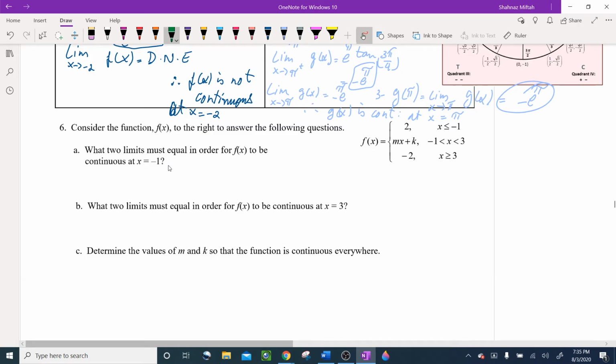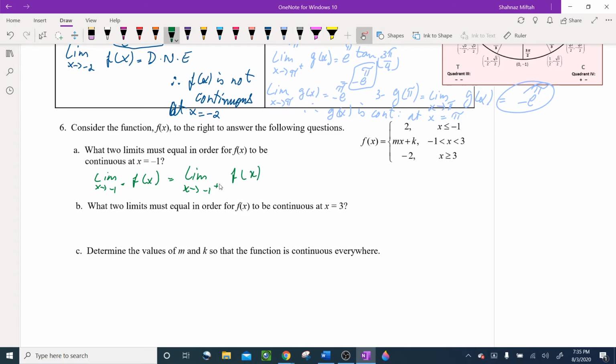Obviously these are the only two limits we have. The limit as x approaches -1 from the left of f of x equals the limit as x approaches -1 from the right of f of x. So they're supposed to be equal in order for us to say the function is continuous.